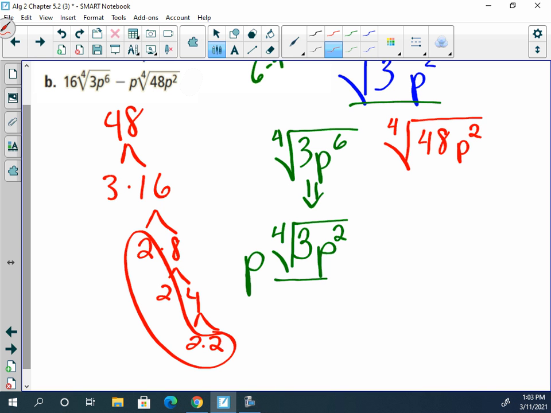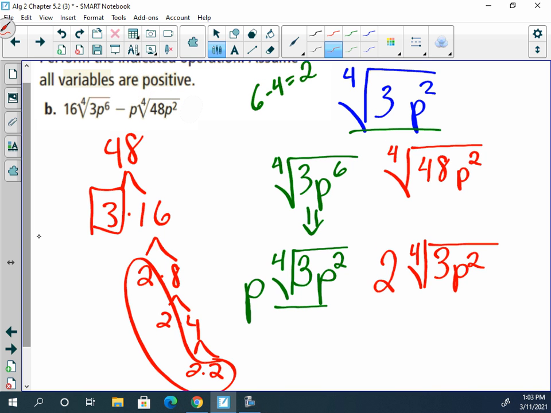Well, the 4th root of 2 to the 4th is 2. Which is nice for us because that 2 will come outside the radical. So what's left inside? 3 and p squared. Well, hey, 3p squared and 3p squared. We got the same thing inside the radical, yes? It's kind of what we were looking for.